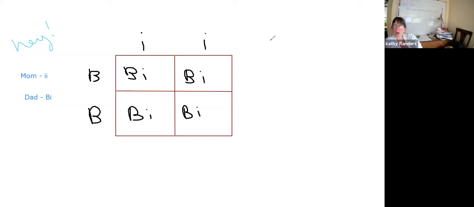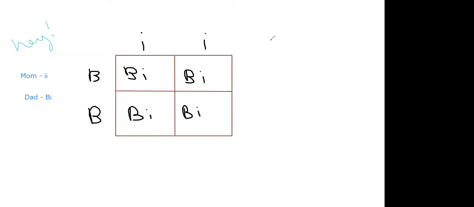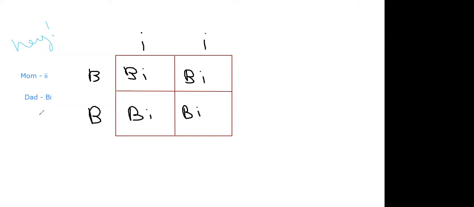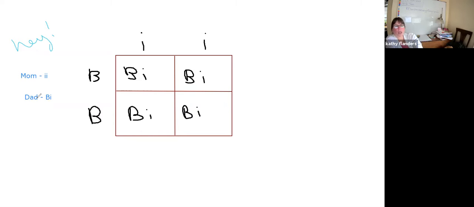Is there any possible way he can have a type O child? No. So we know that dad's alleles in this case have to be BI. Just curious, how do we know whether it's BB or BI? Because Jen did this, and we would know because of the offspring.